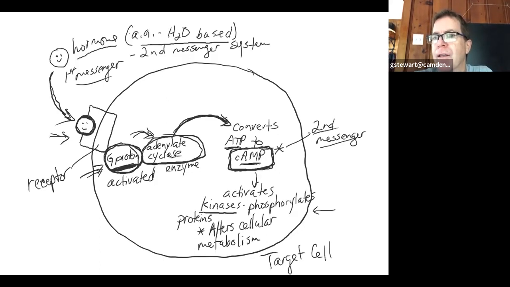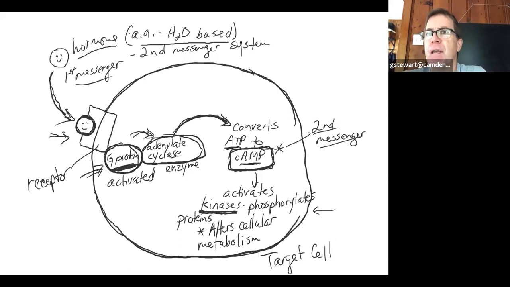Cyclic AMP activates this class of cellular chemicals, which typically phosphorylates proteins and alters cellular metabolism. Oftentimes it increases the metabolism of the cell. What does that mean, increasing metabolism? Say, for example, it might ramp up the overall production of this cell to perform cellular respiration and produce more ATP.